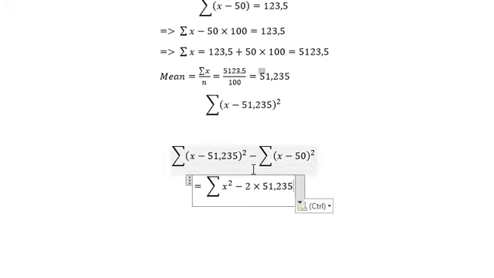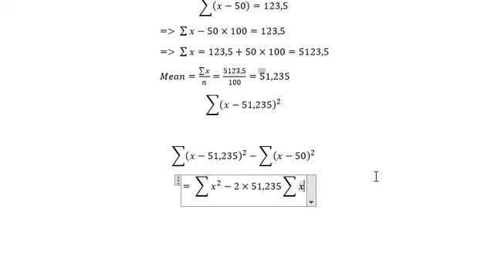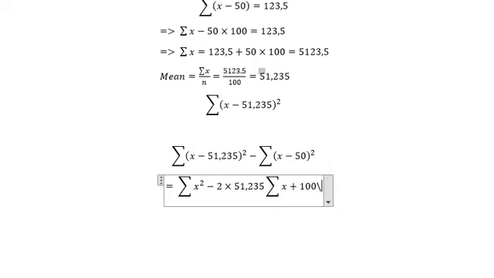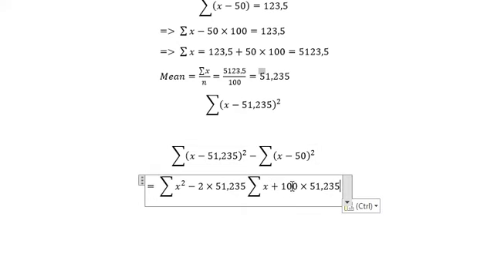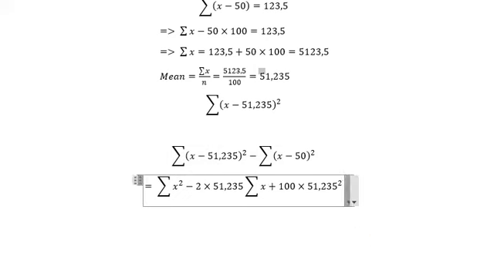then multiplied by the summation of s, plus 100 multiplied by this number to the power of 2, because it repeats 100 times in the population. That's why we need to multiply by 100. It is similar for this one.